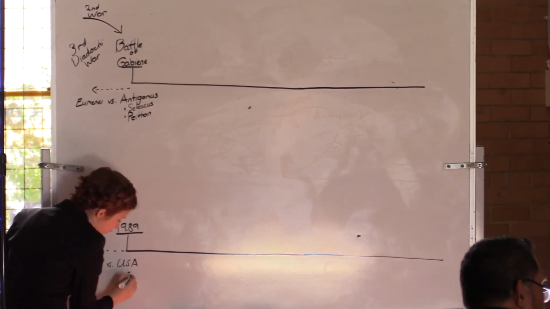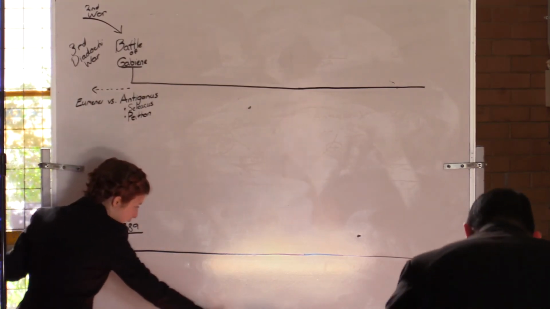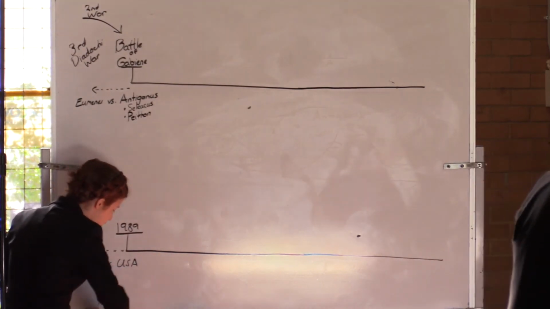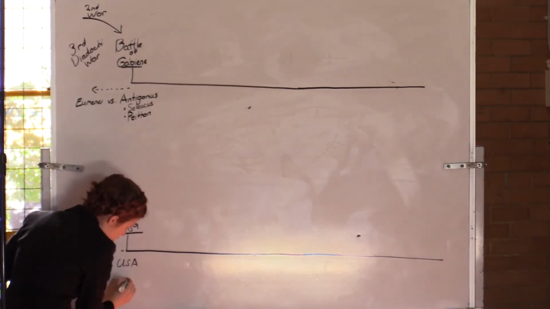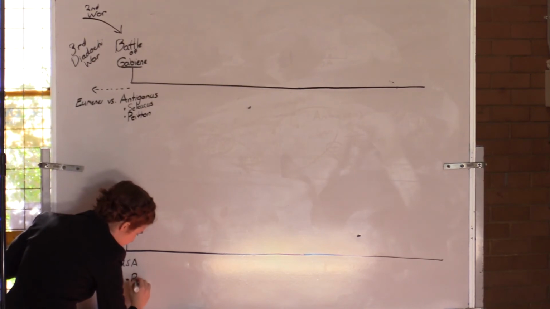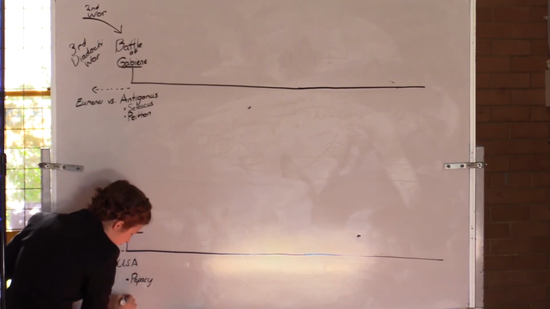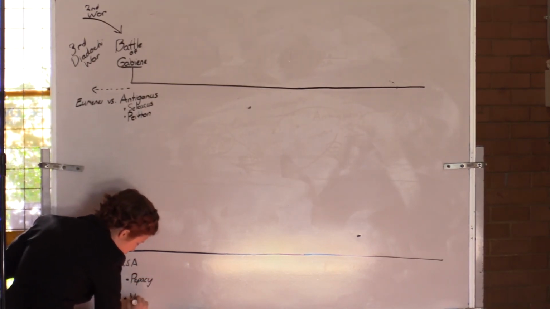But the United States had two key allies in that history. One was the papacy, John Paul II, and the second was the Mujahideen.